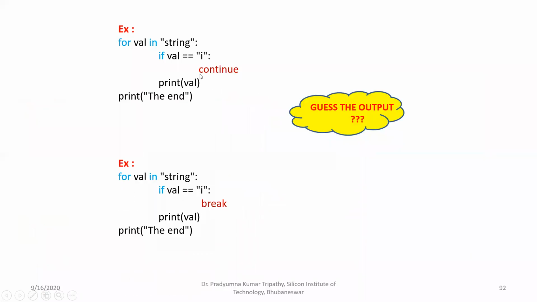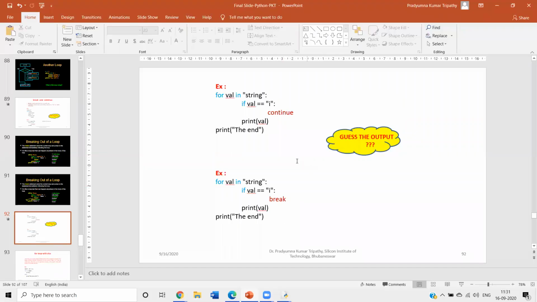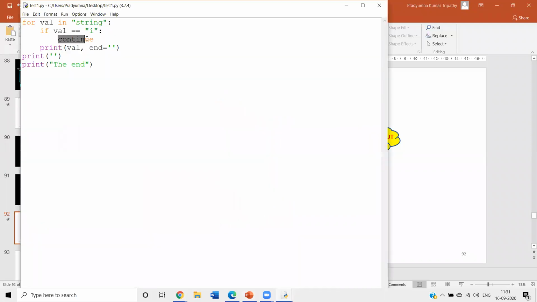Instead of continue, I just type break. The same code, instead of continue, I just type break. What will be the output then? Str the end. Correct. So it will come out from there, and instead of typing continue, if I just type break over here, it will see what it's doing.